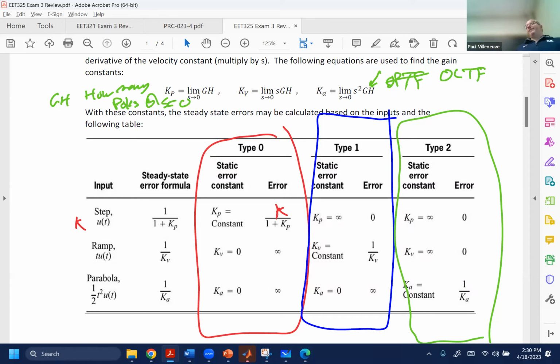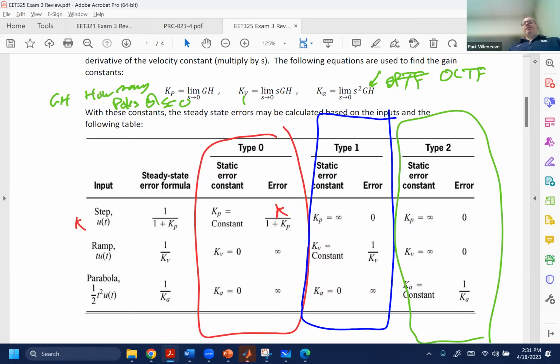That's the system type. The Kp, Kv, and Ka are a byproduct. Once you know the system type, or how many integrators, then you go over here and calculate what you need to. There's no point in calculating Kb in this case, because Kb is going to be equal to 0. Why calculate it? You know what it is. Same thing for the acceleration, it's going to be 0. So look at how many poles in your open loop transfer function at s equals 0, and that tells you the system type.